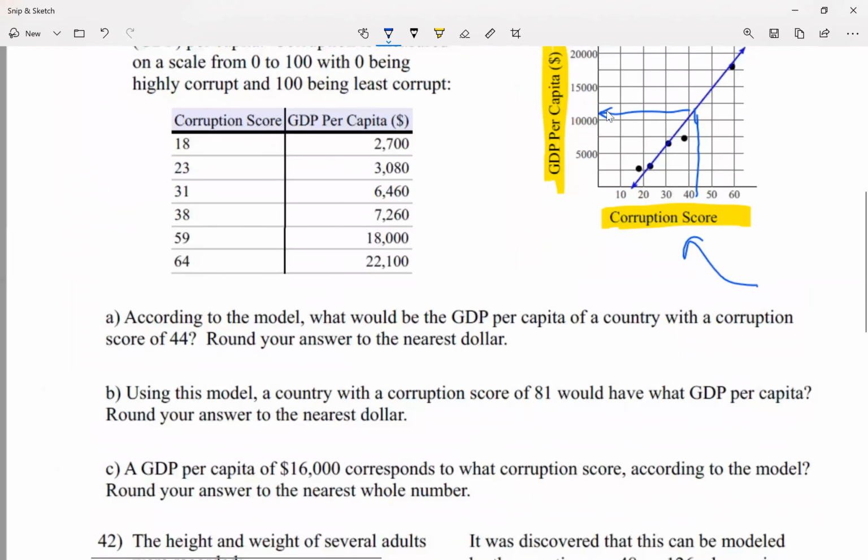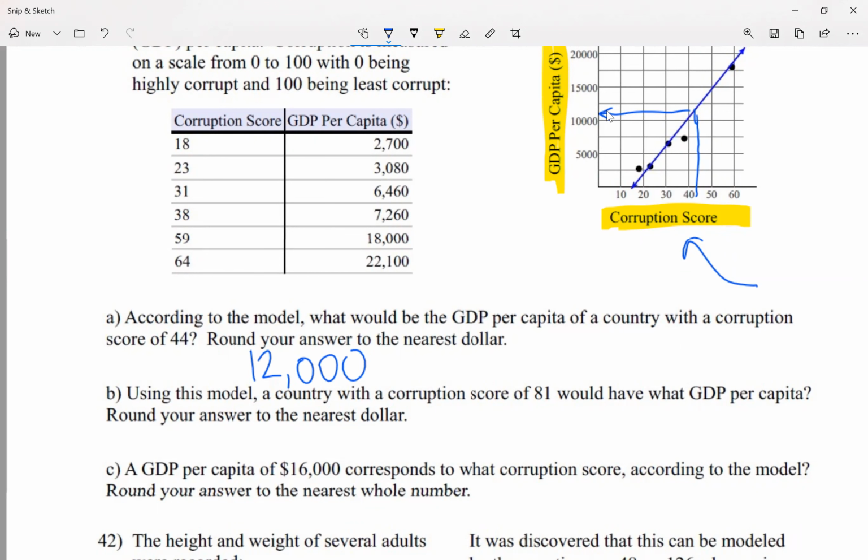In this case, it seems to be about 12,000, $12,000. You don't have to write the dollar symbol. On your homework, you're not going to be able to type the dollar symbol. I'm just asking for the numerical answer. I want to make sure you know how to read this graph.